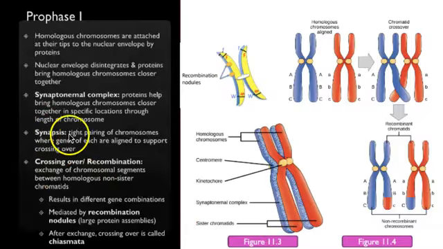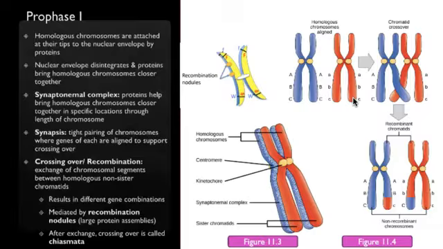Synapsis is a tight pairing of these homologous chromosomes and really ensures that genes from each chromosome are going to be lined up correctly with their counterpart, setting the stage for genetic recombination. So the key event in prophase 1 is crossing over, which is also called recombination.